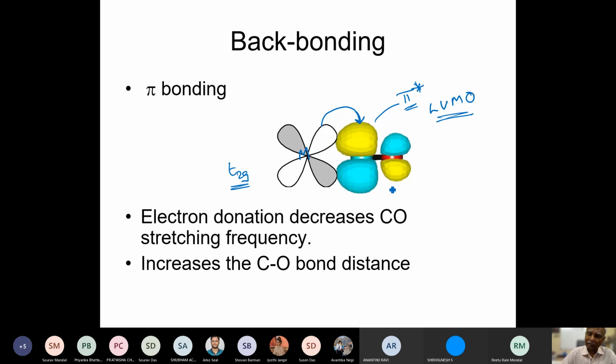Since this is the pi star, the population of the pi star will reduce the bond order between carbon and oxygen. Reducing the bond order leads to an increase in the CO bond distance. It also weakens the CO bond.